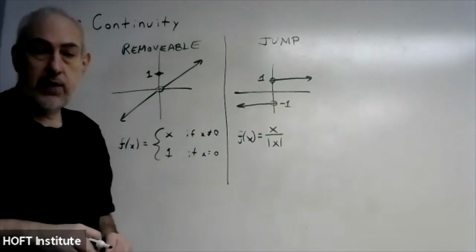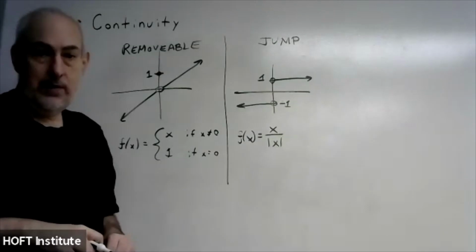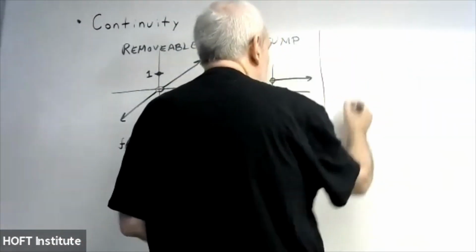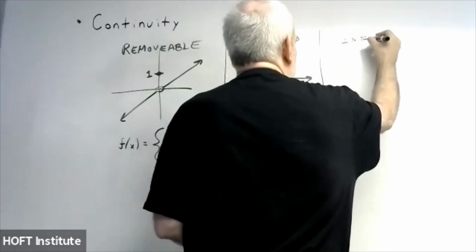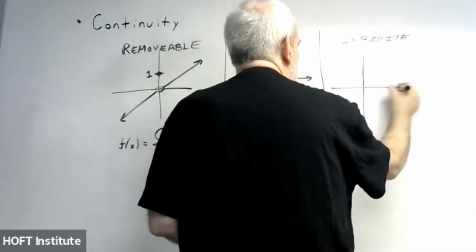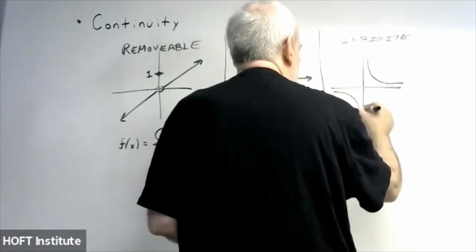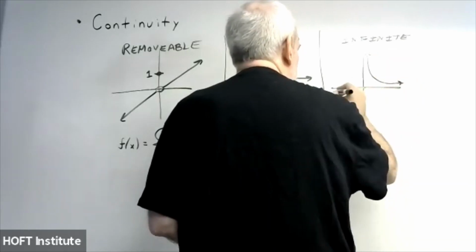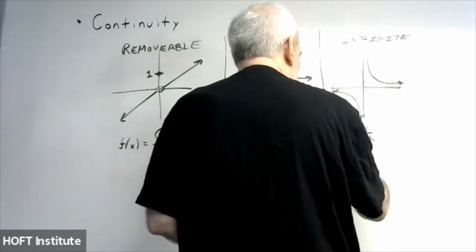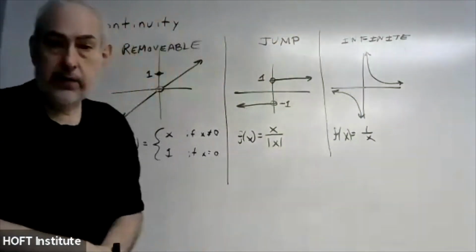The third discontinuity is an infinite discontinuity, which refers to simply a vertical asymptote. So one example might be the function y equals 1 over x, or f of x is 1 over x.